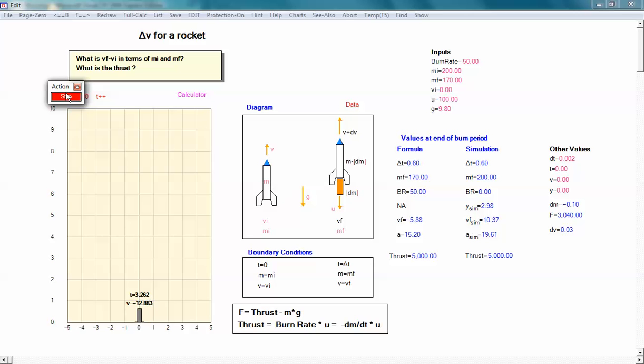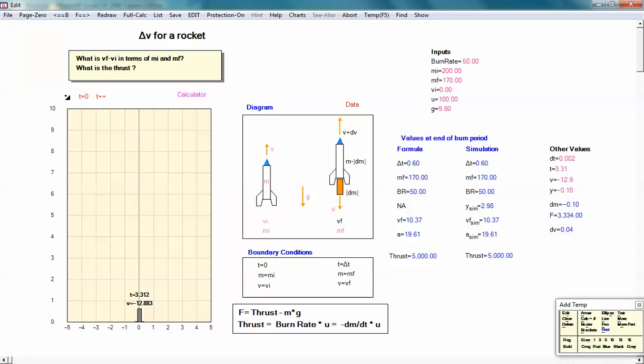So the things that we're going to be focusing on, let me stop that, are the rocket itself and the exhaust. Those are the two things that we're going to have to pay attention to. And the concepts that we're interested in are, first of all, the force on the rocket. What is the force on the rocket? There are two elements to the force. One is the thrust of the rocket engine, and the other is the force of gravity.